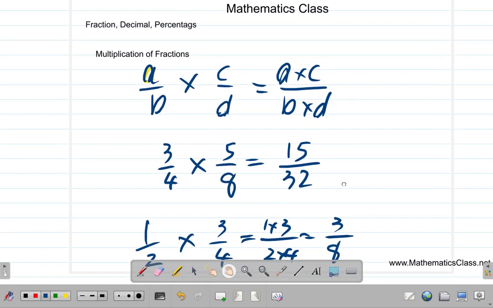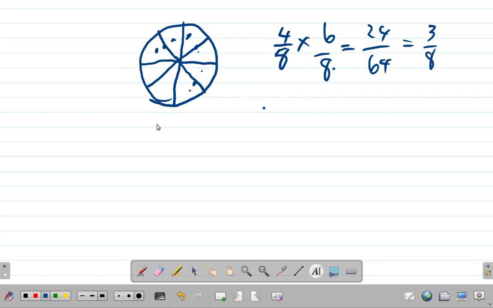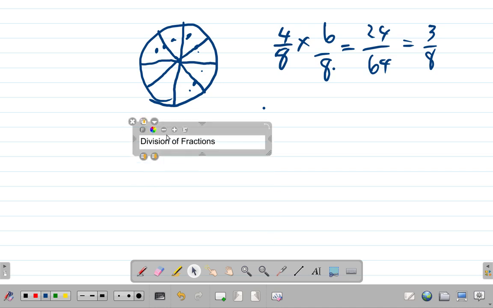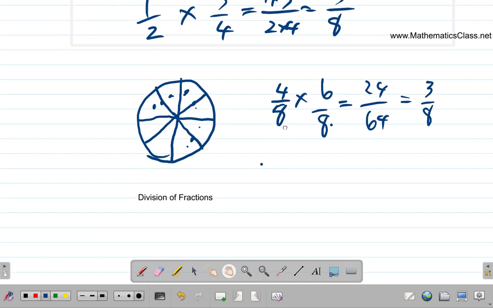Now what we're going to do is division of fractions. So we divide two fractions, and we're going to see how this goes. A while ago, we said a half multiplied by 3/4 is the same as 3/4 times a half.